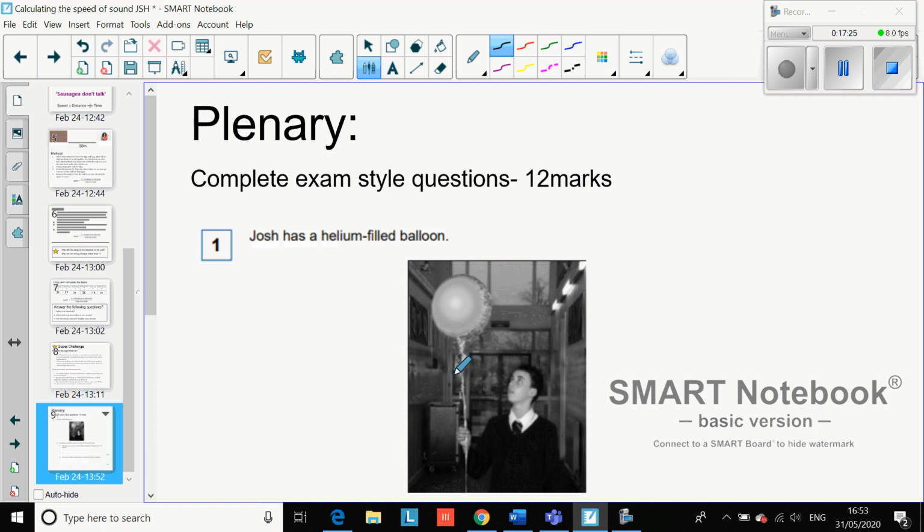Okay, and I will check that with you when I next see you, which will be next week. Okay, so I'll leave the assignment open so you can still upload your experimental data a bit later.